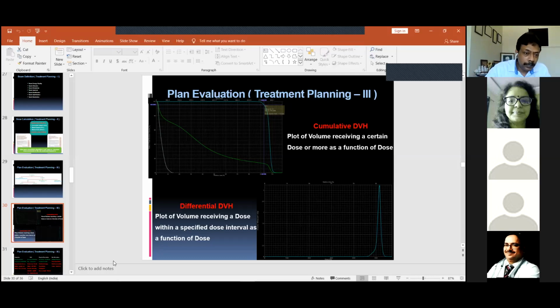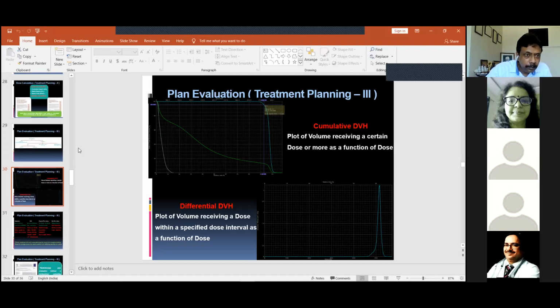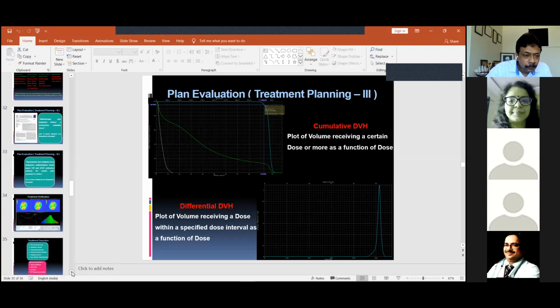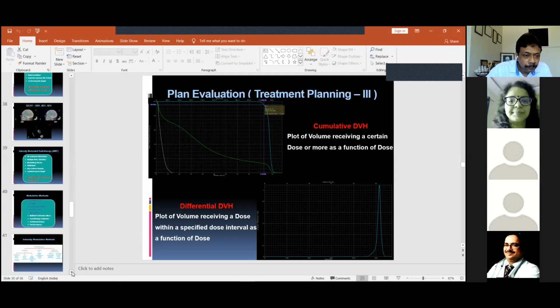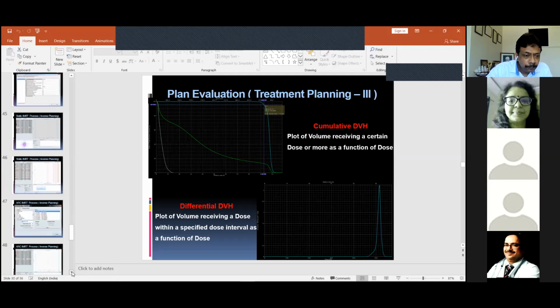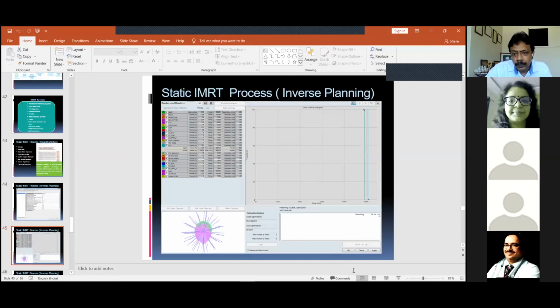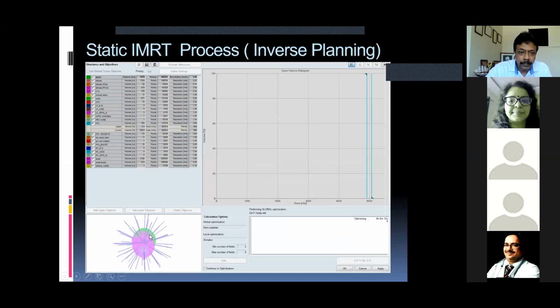I can show you, I have already given. One minute. Yes, you can see here we have a target, and the beams are directed in multiple directions.